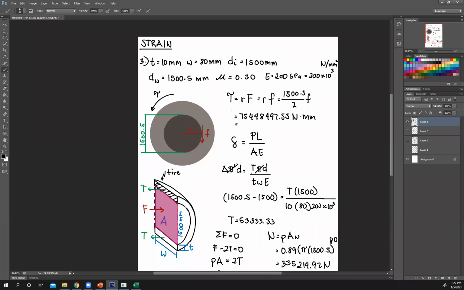So converting that to Newton meter, divided by 1,000, 75.45 Newton meter, or kilonewton millimeter. Divided by 100,000 to get kilonewton meter. There. And we're done.